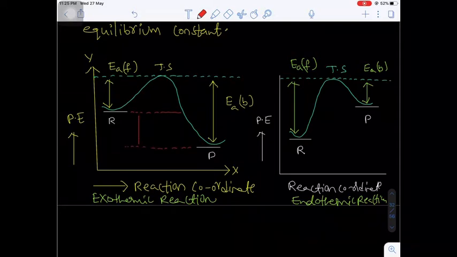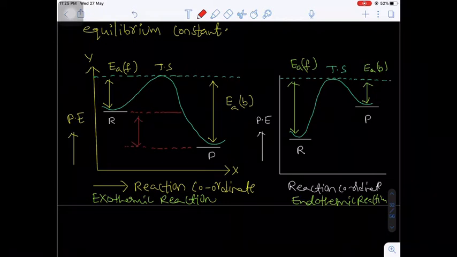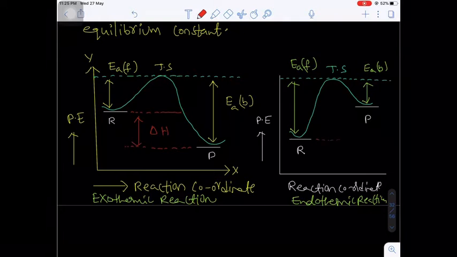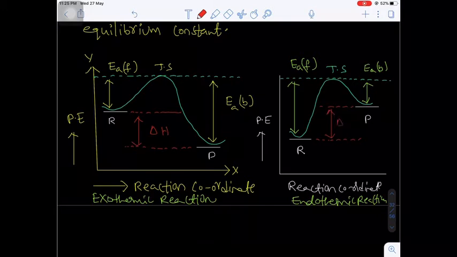Now this is the energy of the reactants, this will be the energy of the products. The energy difference between these two is called the enthalpy of the reaction. The energy difference between the reactants and products is called what?